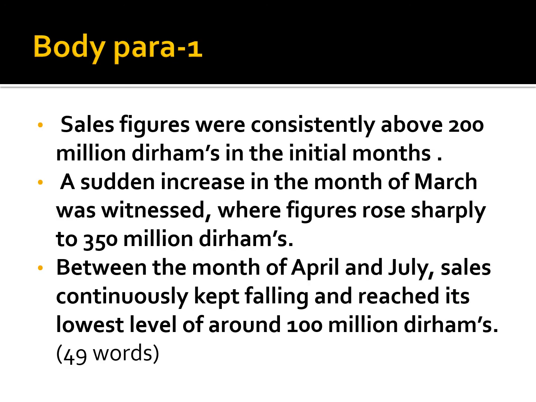towards our body paragraph 1, or we can even call it a detailed paragraph. Our first sentence starts like this. Sales figures were consistently above 200 million dirhams in the initial months. A sudden change. Now this is our second sentence. Please notice we are writing 3 different types of sentences.